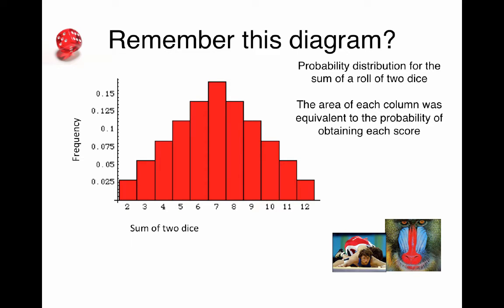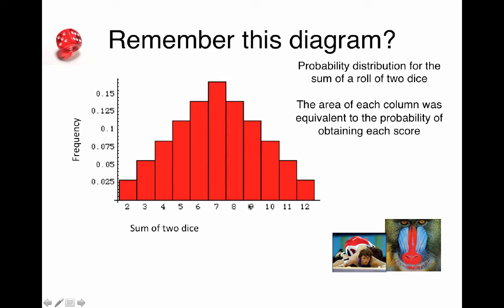As you can see here, we've got a frequency histogram that displays the frequency of different scores that you would get with 2 dice, something we've discussed before. Let's imagine here, though, that the frequencies are expressed in proportions, and the total amount of red that you can see adds up to 1, and the columns in each individual section reflect the proportion of the curve that's in that section, and they reflect the probability of actually getting that score with the dice.